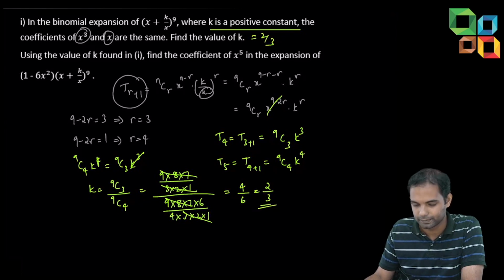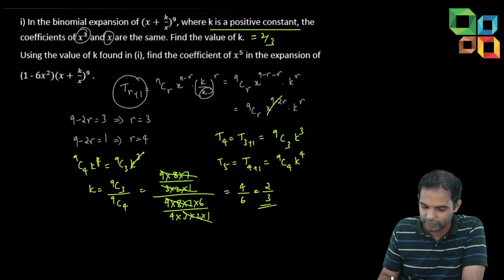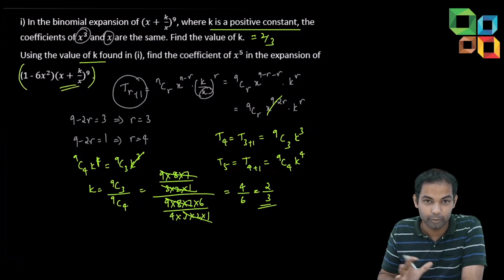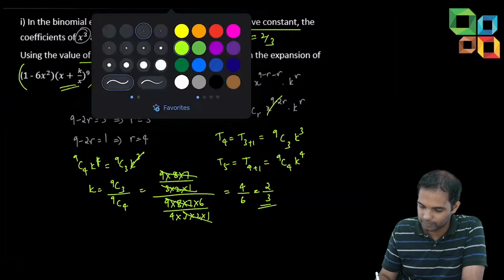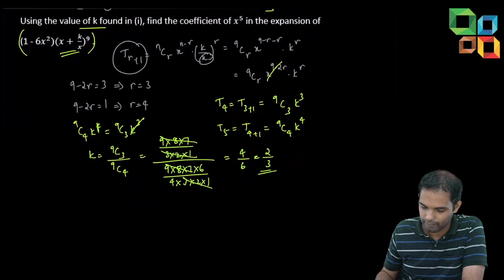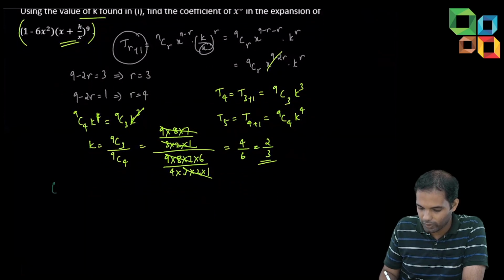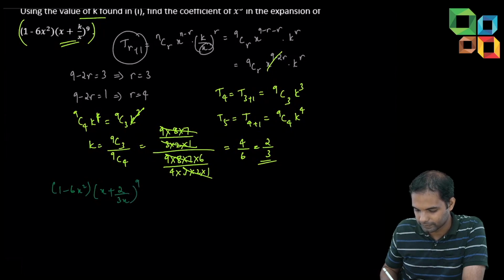You got k. Now what is asked? Using the value of k found in part 1, find the coefficient of x power 5, not in this expansion only, but in the product. So let us try to figure out. 1 minus 6x square into x plus, let me substitute the value of k, 2 by 3x, whole power 9.